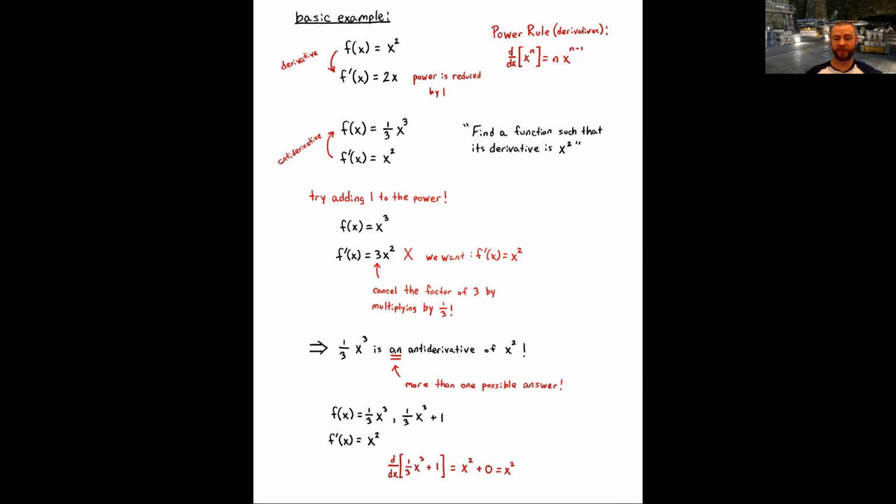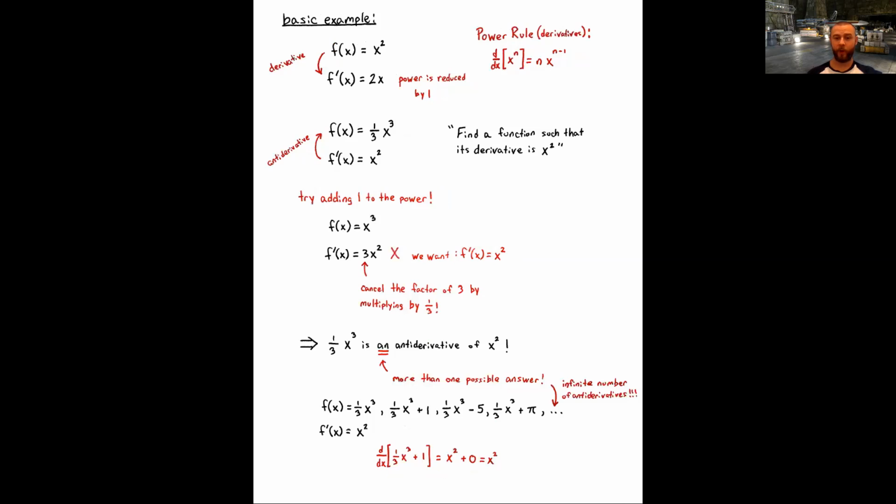We don't have to have plus 1. You could have 1/3 x cubed minus 5. That still differentiates to x squared. You could have 1/3 x cubed plus pi. Pi is a constant. And you can probably see the pattern here. You can pretty much add any number after 1/3 x cubed, and you will get another antiderivative.